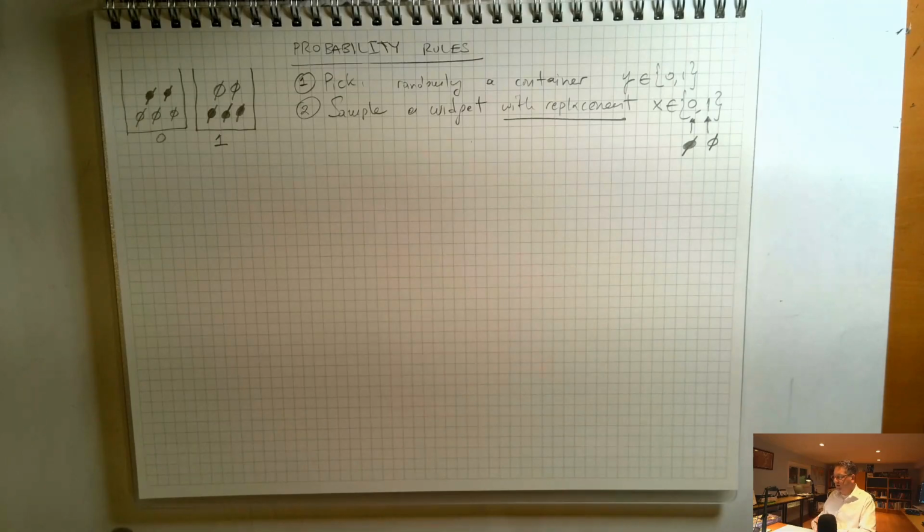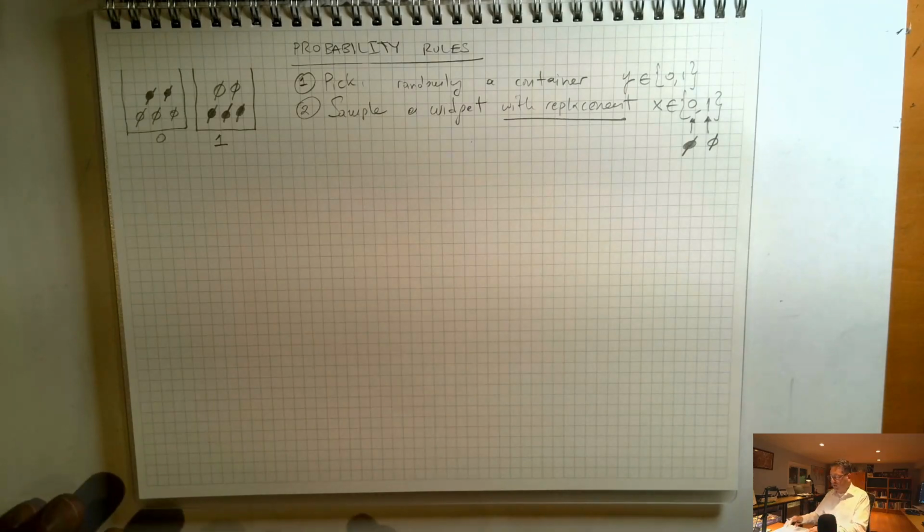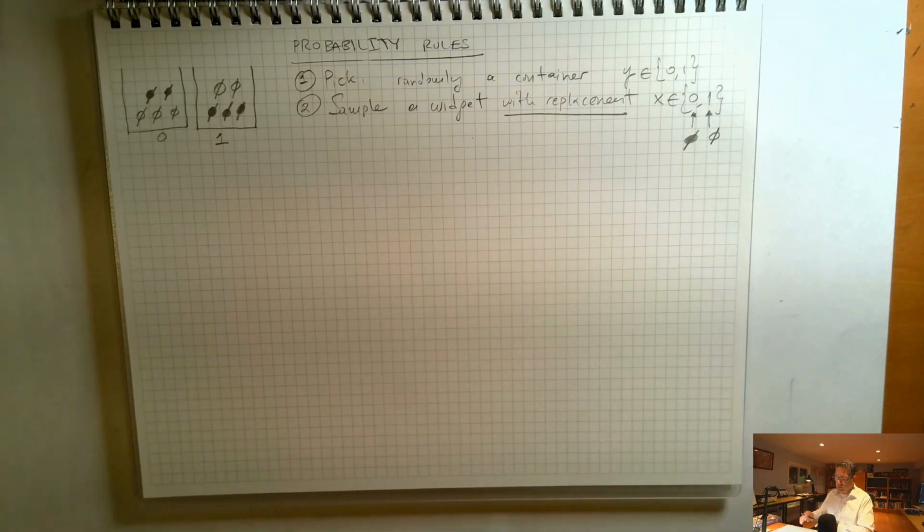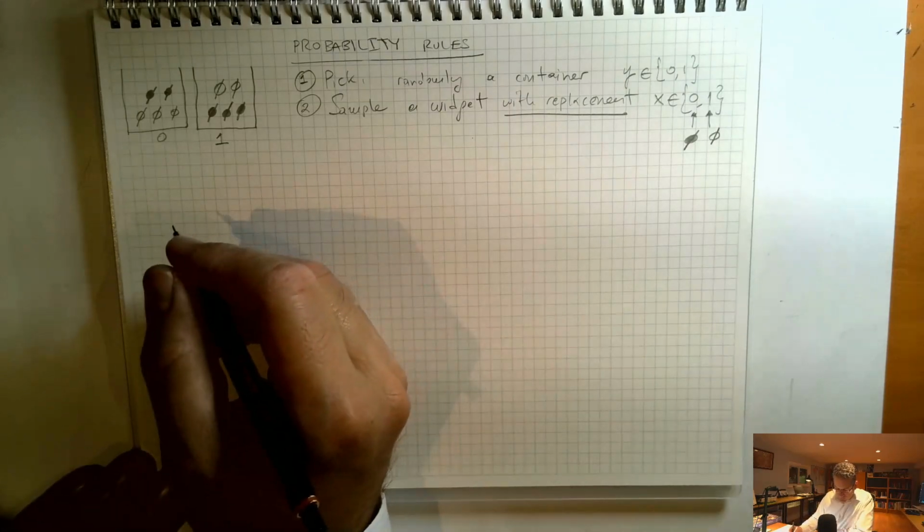"With replacement" is a common term in sampling, and it means put the widget back into the container we came from. The reason we need to do that is that we do not want the statistics of the problem to change over time. By putting it back, we have the same probability of picking a widget of a specific type out of each container. So the problem is stationary.